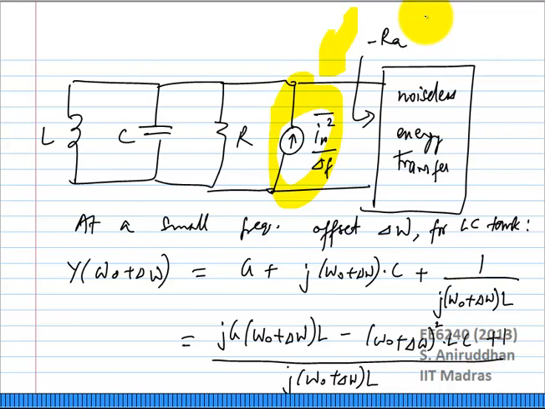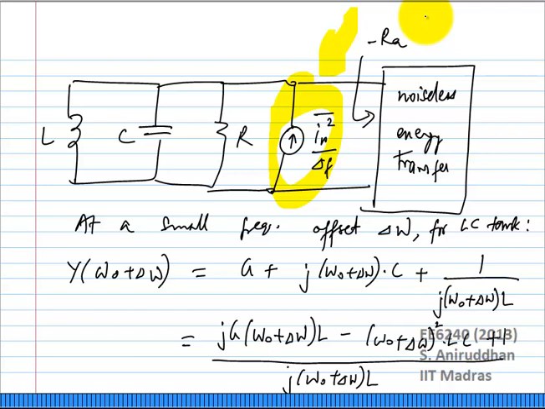Any ideas? We wrote the expression as if minus RA didn't exist at all. RA is smaller than R. Okay, so does that mean there is a residual negative resistance then?